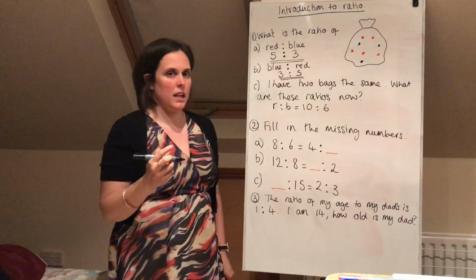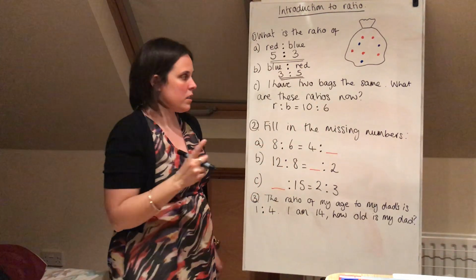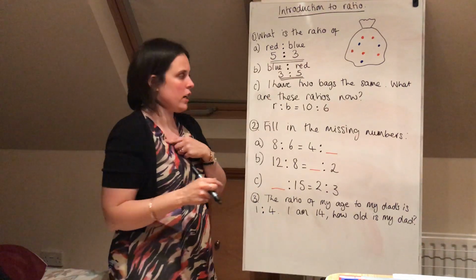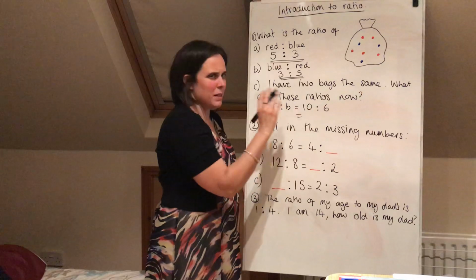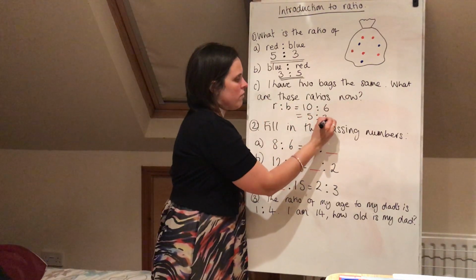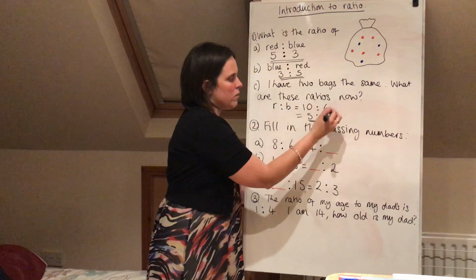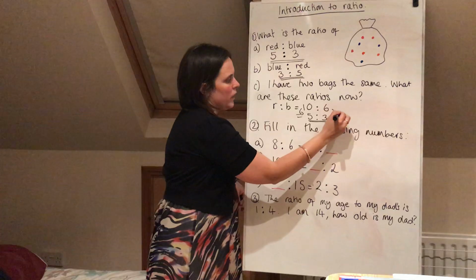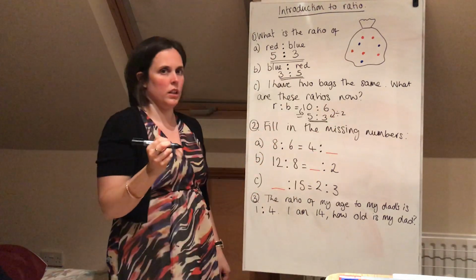So the ratio is 10 to 6. But using equivalent ratios in the same way that we would with equivalent fractions, that can be simplified down to 5 to 3, because all we're doing is dividing both sides by 2.